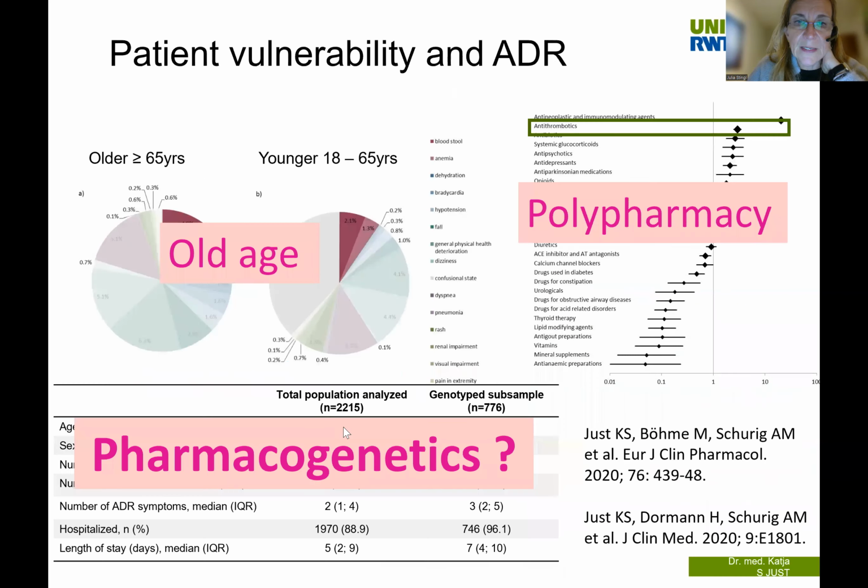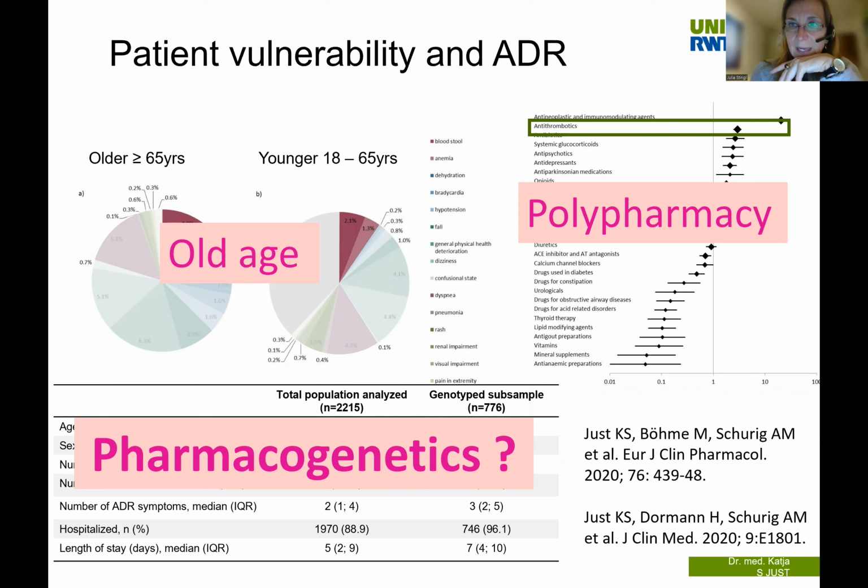And so it becomes clear that patient vulnerability and polypharmacy also has an effect on adverse drug reactions on the immune system. So what are the most prominent risk factors for adverse effects on the immune system or others?